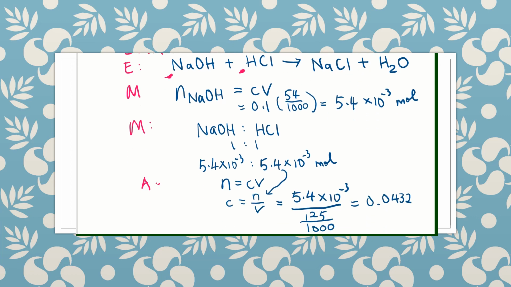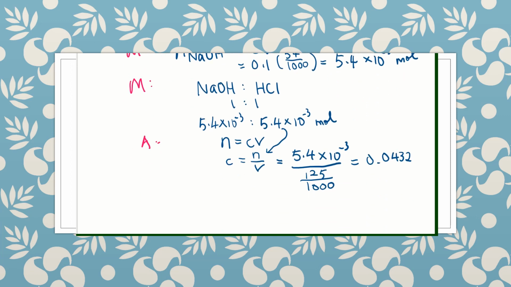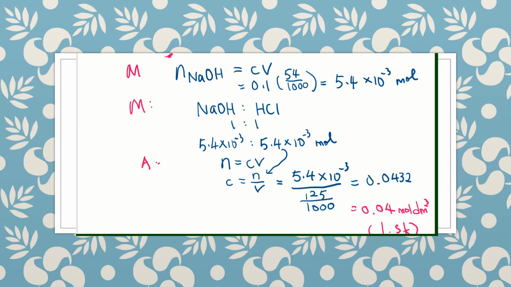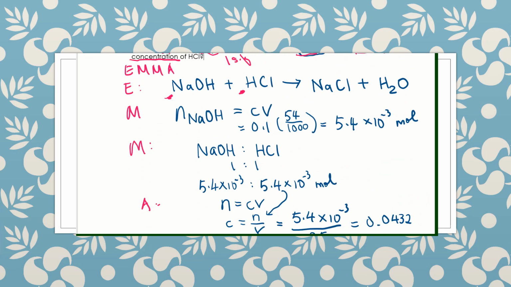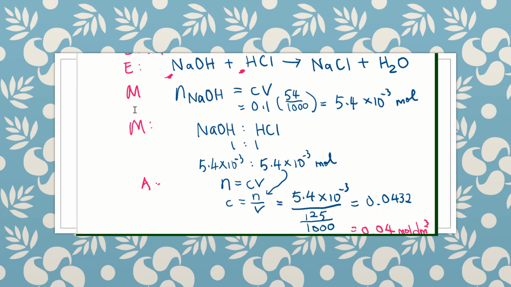That leads us to the answer of 0.04 with the unit mol per dm³, with an extra notation that you have one significant figure. Now, I hope this video helps you to understand the walkthrough to calculate the concentration of hydrochloric acid.